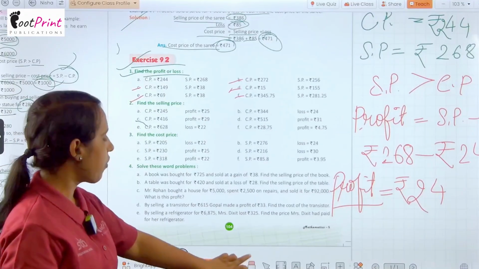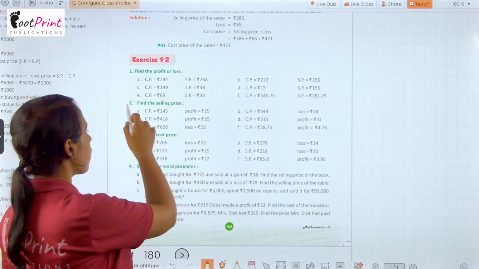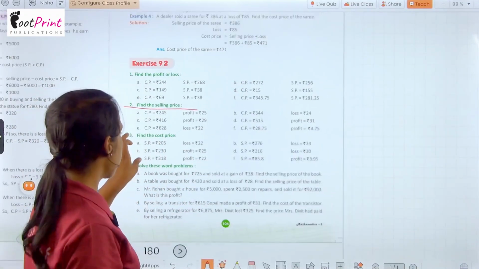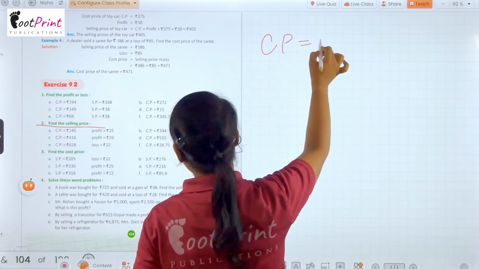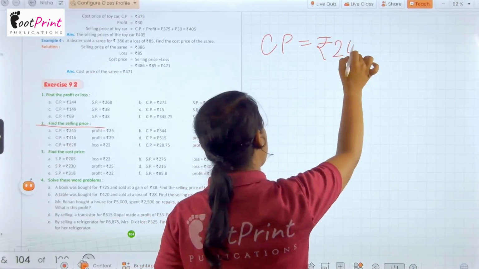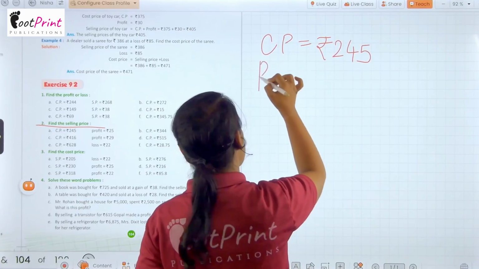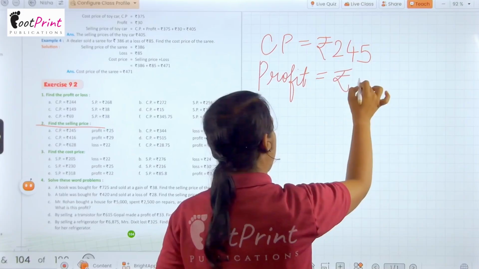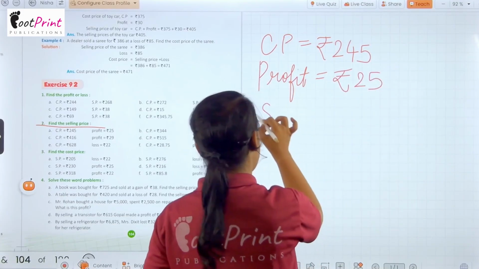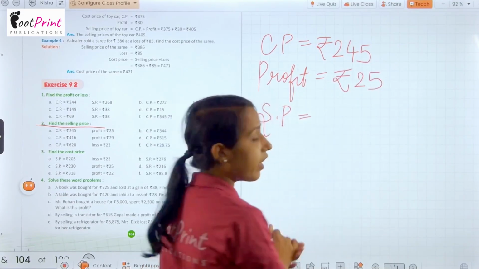Okay. Now we have question number 2. In this we have to find out the selling price. We have to find out SP. So here CP is given 245 rupees. Okay. And the profit is given 25 rupees. And we know that if we want to find out SP, how do we find?